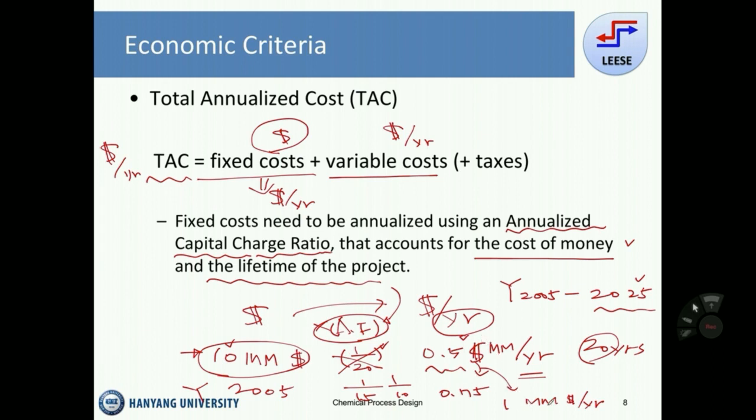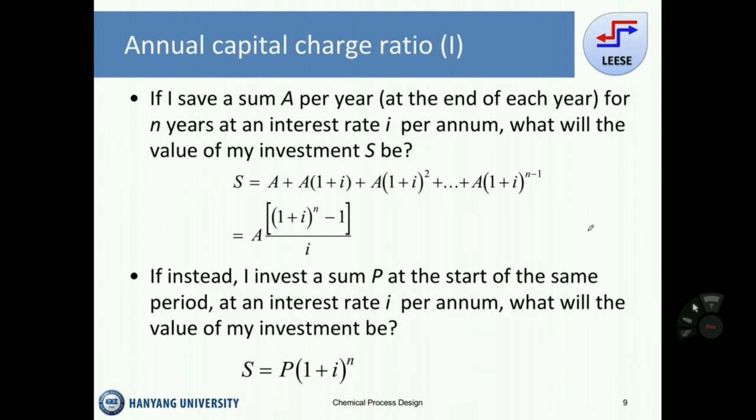Although the summation of this 1 million per year for the next 20 years is not going to be the same as 10 million, based on the lifetime of the project and the change in the cost of money, this might be more appropriate for the annualization, okay? So how do you get this annualization factor? That will be given on the next slide, okay?